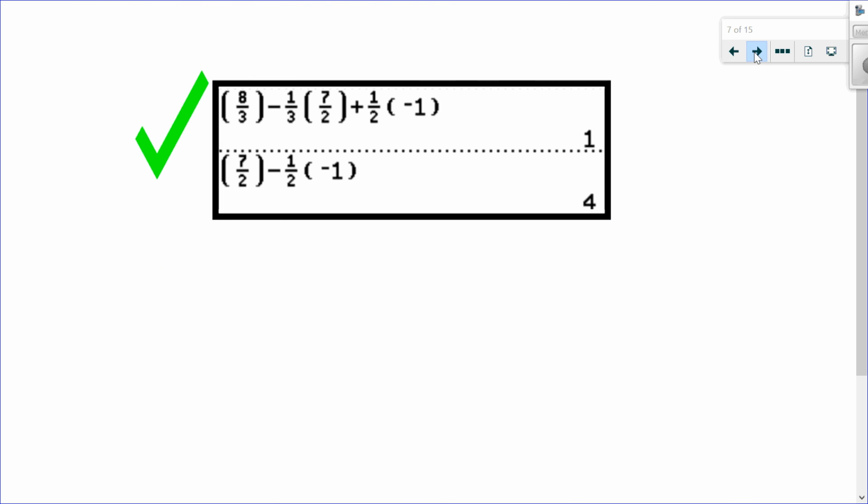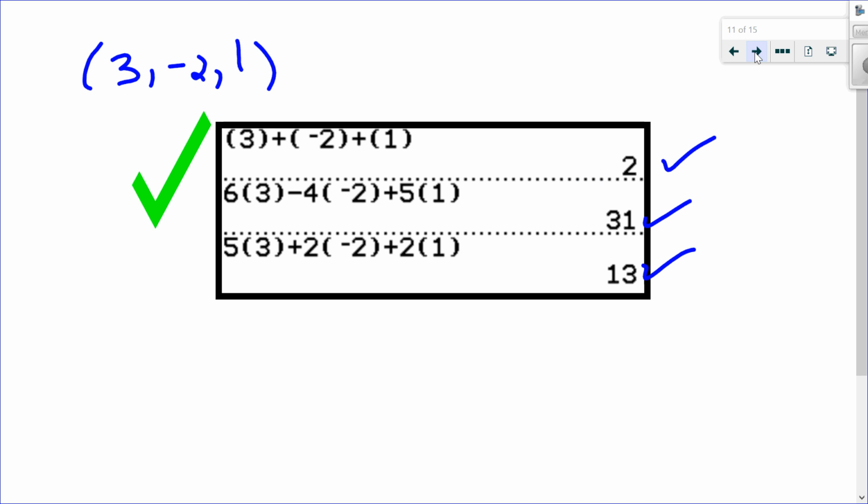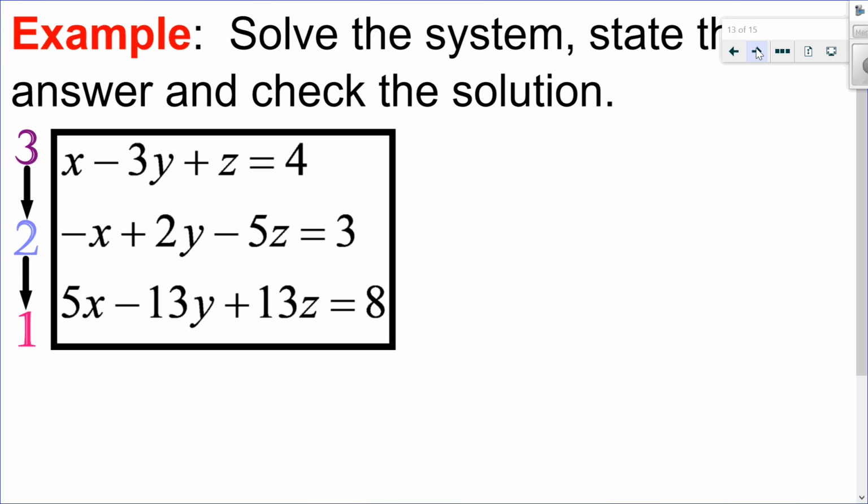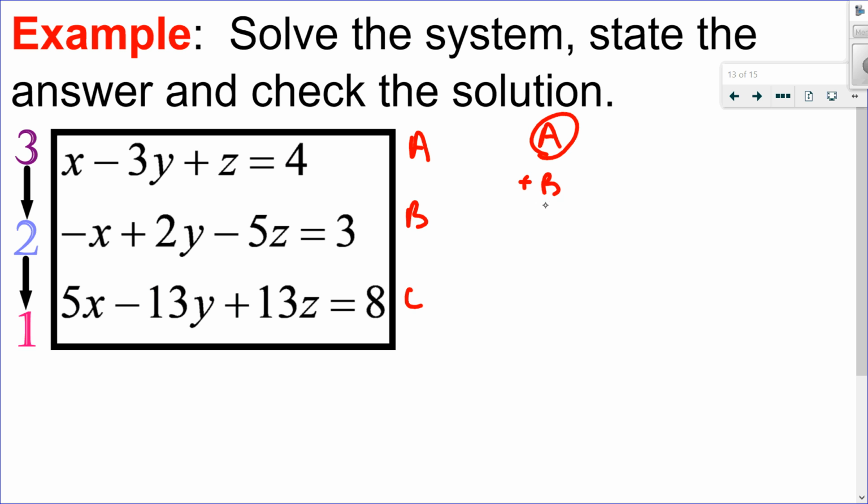Okay, so let's look at our last example together. This one here. Again, I am going to use the labeling system, A, B, C. I find that's really useful. I see right away I can do equation A plus equation B to eliminate x because they're the same but opposite.